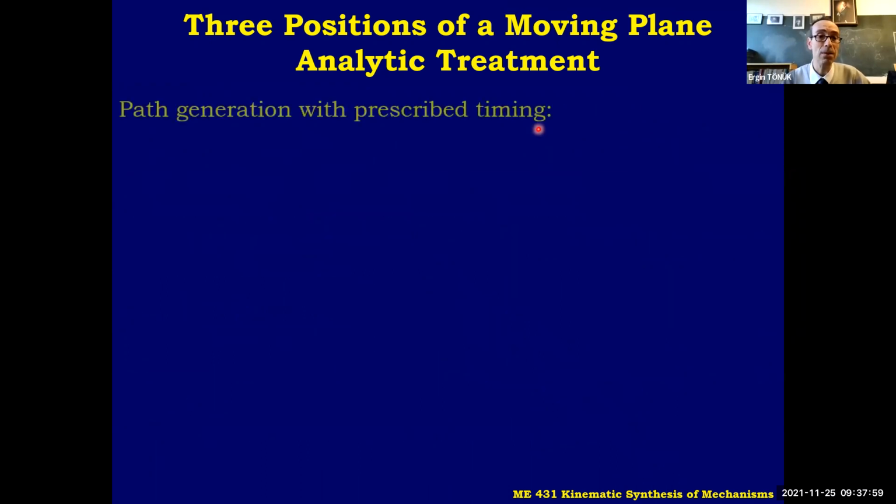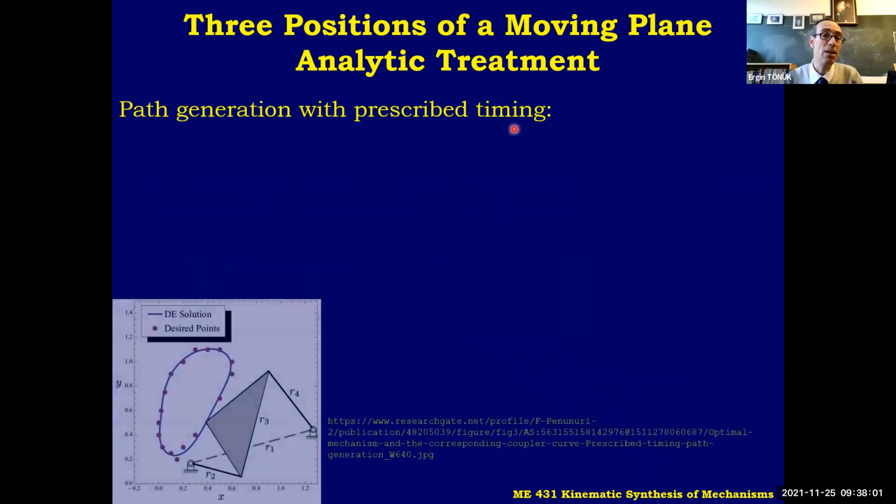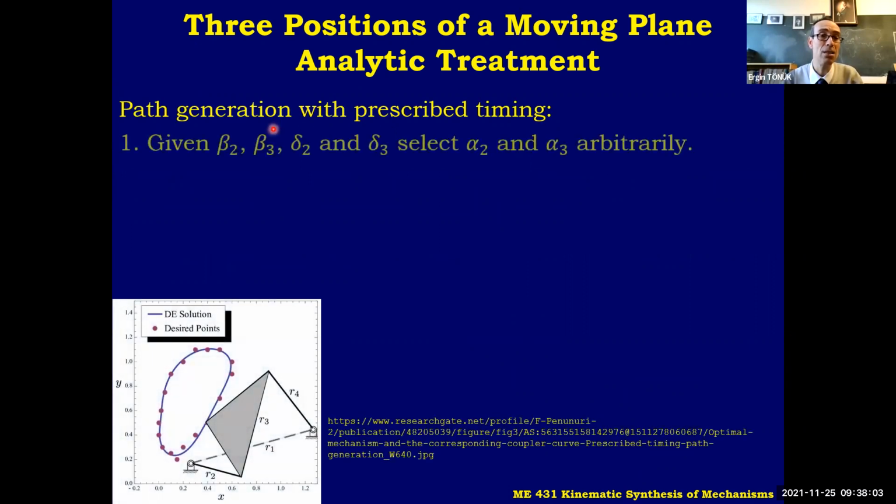For example, we can try path generation. That is, we may want our point P to trace a certain path. And also, we may force so-called prescribed timing. Now, this prescribed timing is a little tricky word.